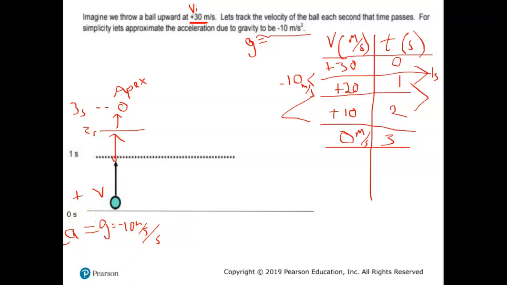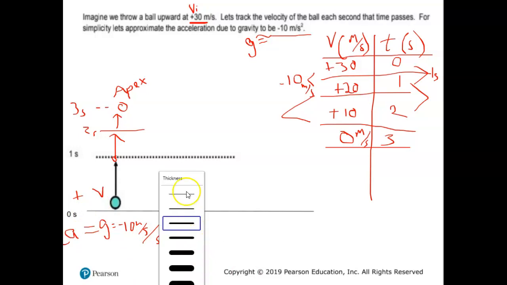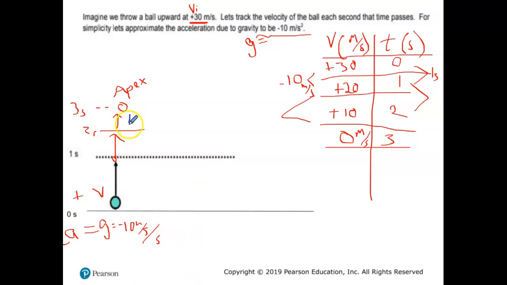On the way back down, I'm going to change colors on my arrow so we can look at moving back downward. From 3 to 4 seconds, it's another time interval change. 0 minus 10 would be a negative 10. That's a really big negative sign, sorry. So it's moving down at negative 10, and that's at 4 seconds of time.